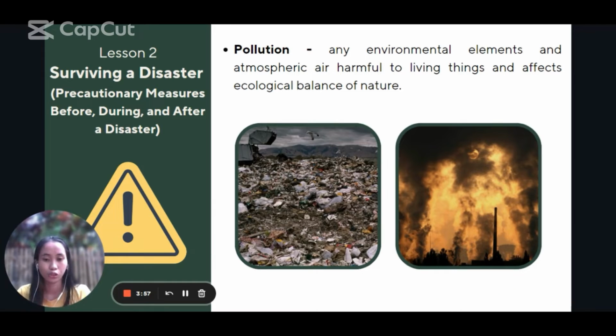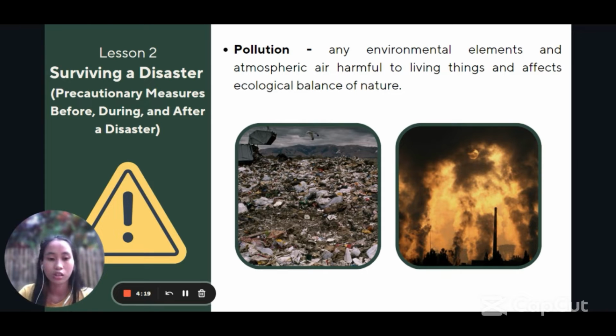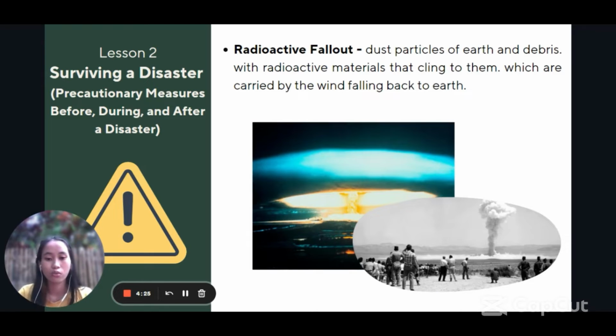Next is pollution. It is an environmental element harmful to human beings, animals, and all living things around the earth. Our country mostly experiences this situation. It might be air pollution, water, or even land pollution that are also made by humans. Just for example, in the pictures below. Next is radioactive fallout.